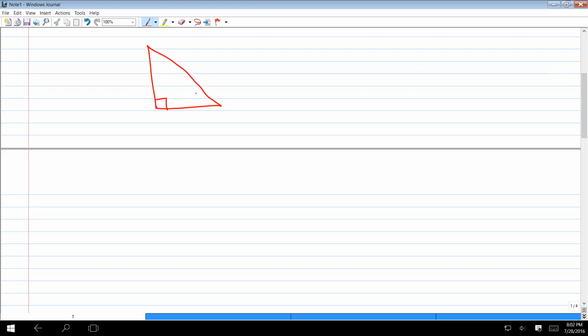And again, it has to do with these special right triangles. What are the dimensions of this unit triangle? And this is important. You need to know the dimensions of the unit triangle. So it'd be 1 on the left side, 1 on the right side.